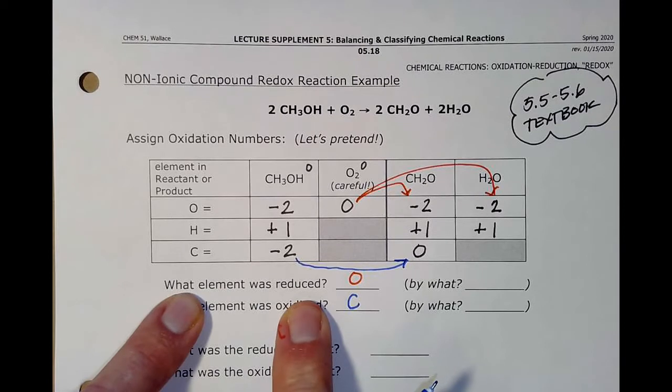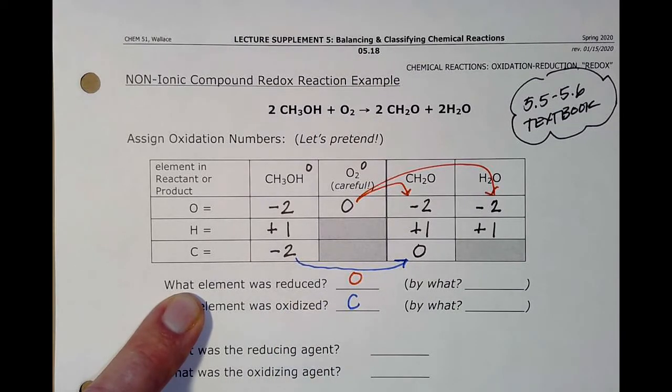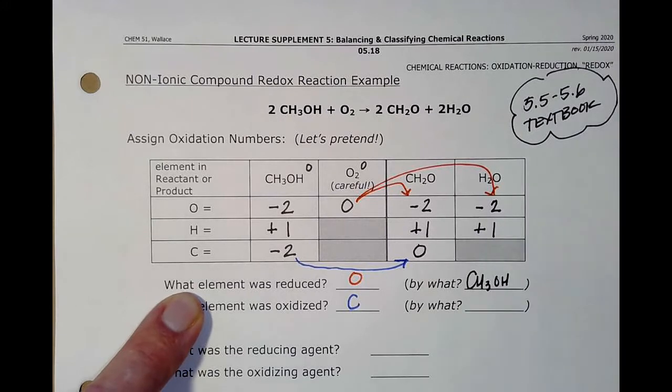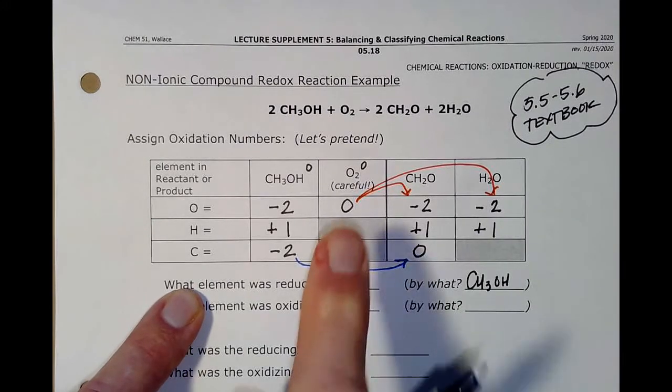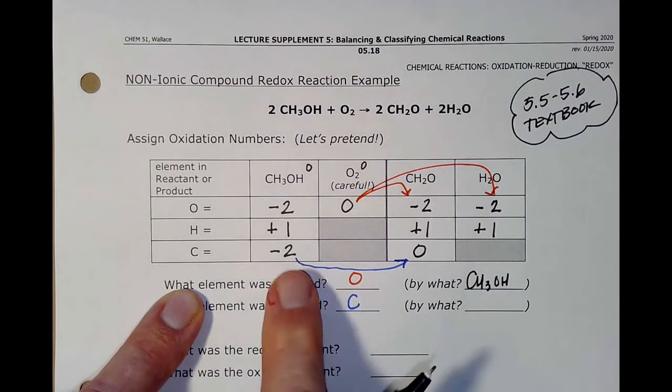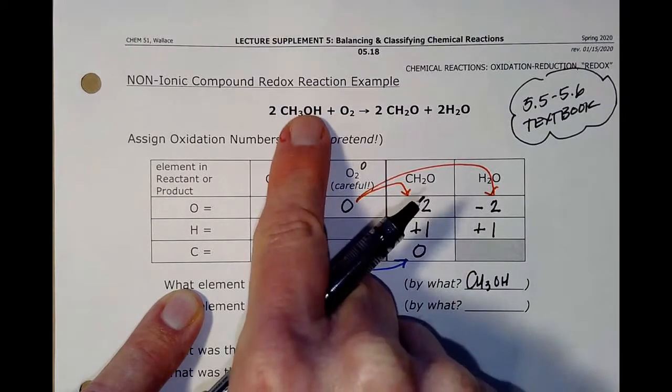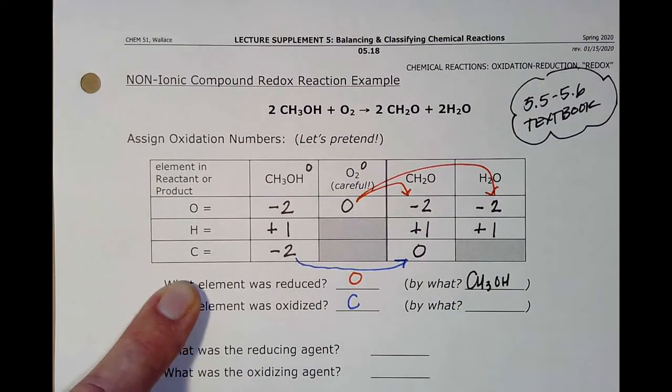Now, who reduced oxygen? CH3OH. Right? That was the other reactant. So if carbon got oxidized, it must have been by oxygen. If oxygen got reduced, it must have been by the other reactant.